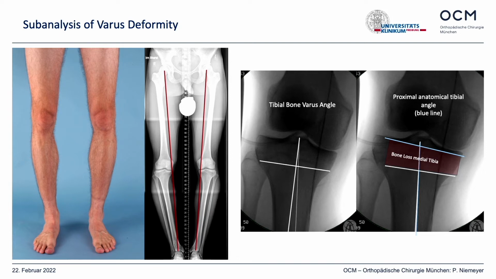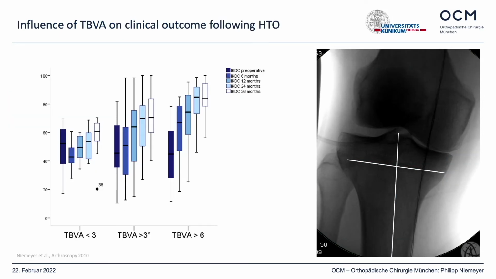And this is really important. We have actually demonstrated in a study which has been published in 2010 already that this tibial bone varus angle is an excellent predictor for outcome after high tibial osteotomy. Increased TBVA correlates with good improvement after high tibial osteotomy.